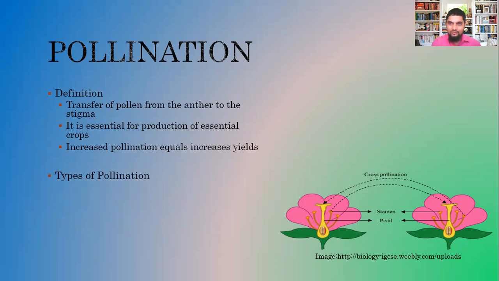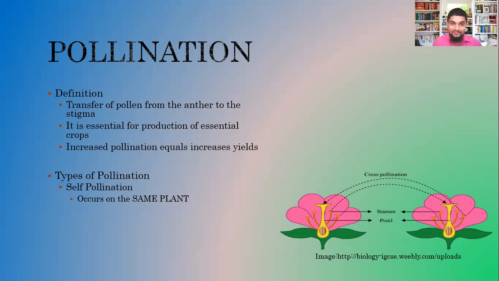There are 2 main types of pollination: self-pollination. And the main thing to remember about self-pollination is that it occurs on the same plant. So in self-pollination, you can have the pollen grains moving from the anther to the stigma of the same flower.